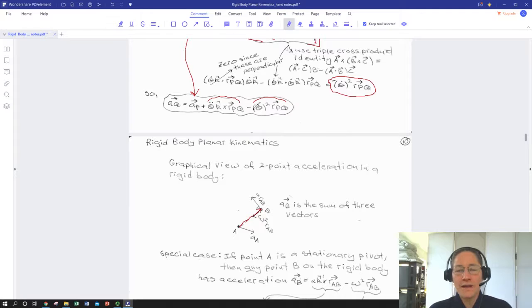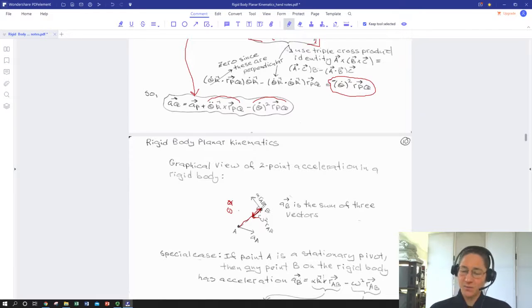We know that this term is oriented along the same line, but it's going the other way. So our omega squared RAB is actually pointing from B back towards A. And we know that, of course, our alpha and omega are kind of pointing in or out of the screen. You can use a dot or a cross to show that it's pointing into or out of the screen.